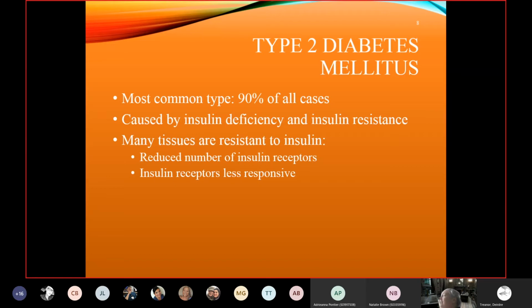There's not enough locks for all the keys, or the locks and the keys don't fit together. So a patient with type 2 diabetes can have normal or even slightly elevated levels of insulin, yet high blood glucose, because they're producing the insulin, but the body is not using it all.